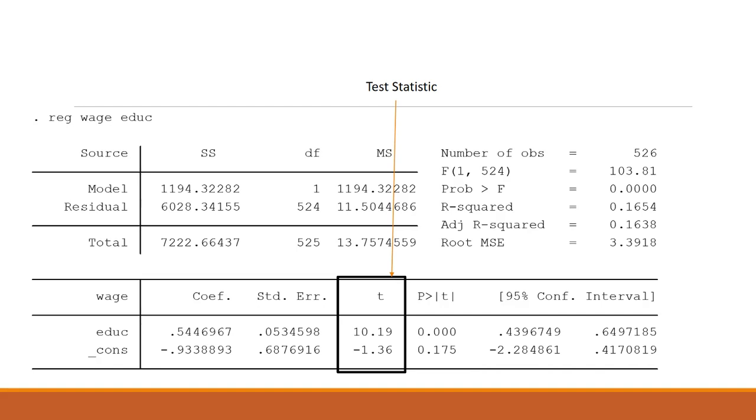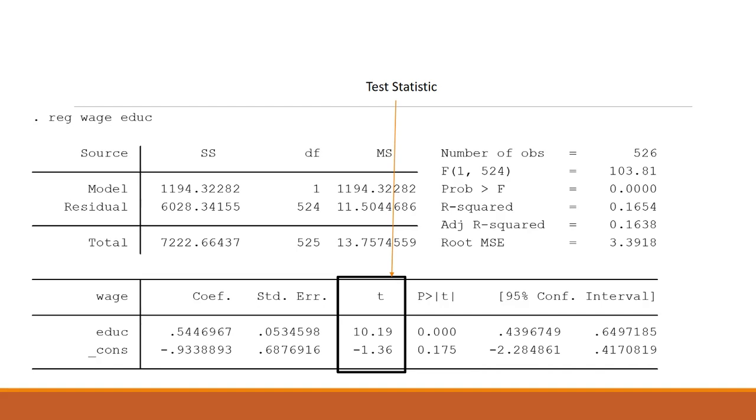That is, we find the probability of observing a t-statistic greater than or equal to the t-statistic that we find. Okay, and if that probability is smaller than our predetermined, our chosen, our selected significance level, then we reject the null hypothesis and we conclude that our beta 1 hat is statistically significant.